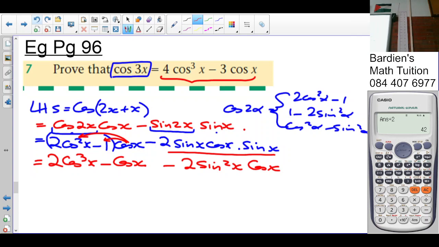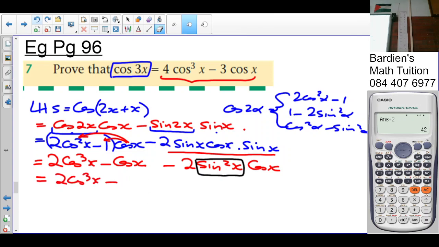Sine squared x, that's the issue. So that can be changed into what? Sine squared x can be written as 1 minus cos squared x. So you write that in there and you multiply it out.